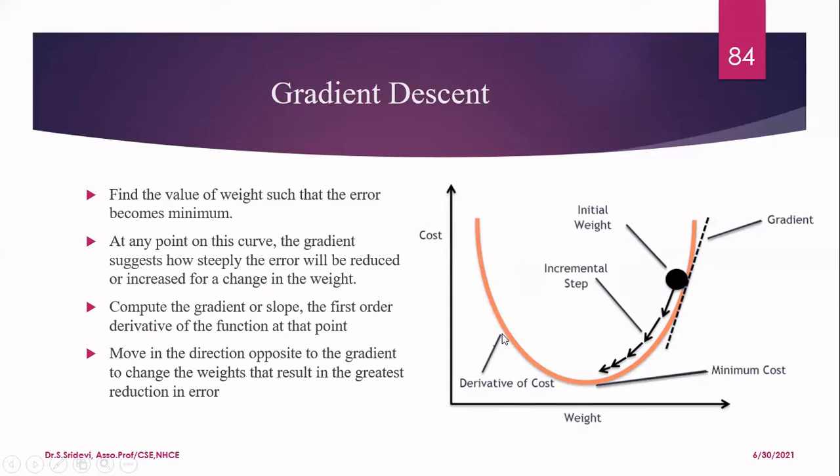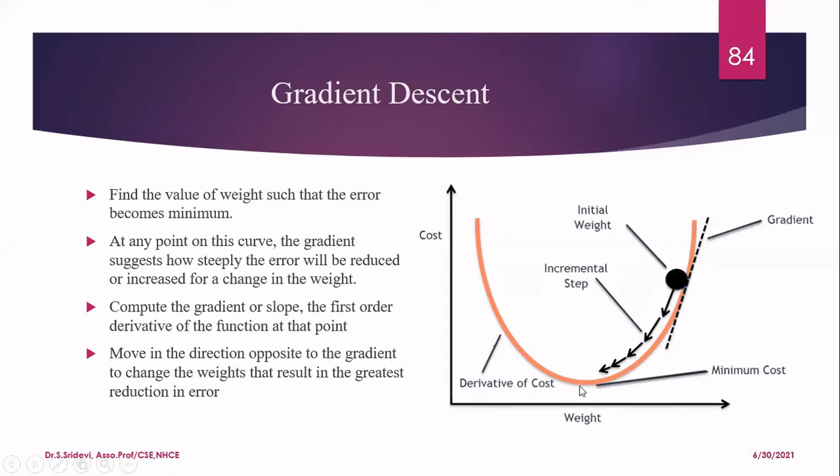Fine. So if that is the case, can I go on continuously increasing the weight? It is not possible. At a particular point, for a certain weight value, the error will be minimum. After that, if you still increase the weight value, the error will be increasing. So we are getting a curve like this. Our aim is to find this particular point of cost.